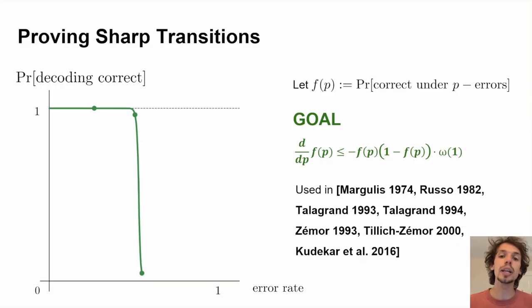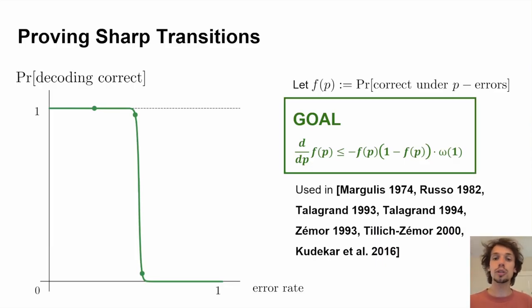And your function will keep dropping until you reach a point where f of p is very small, and then because of this term here, it will allow the derivative to go back to being close to 0, and so the function can flatten out again. Okay, so basically the idea is just if your function is not very close to 1 or very close to 0, f of p times 1 minus f of p is going to be a constant, and so this omega of 1 term will force your function to drop very quickly. Okay, so this is our new goal.